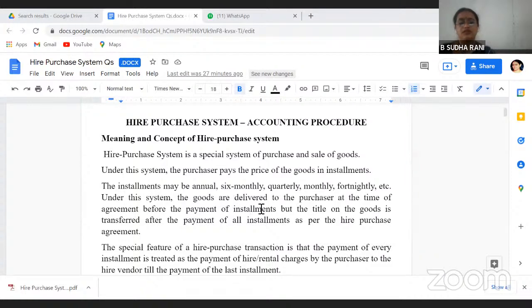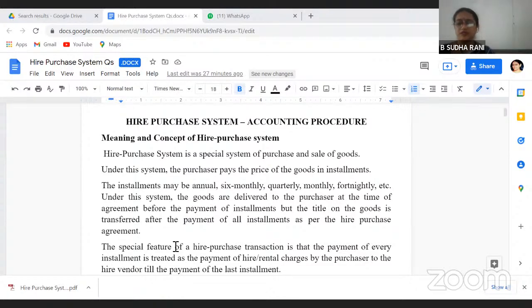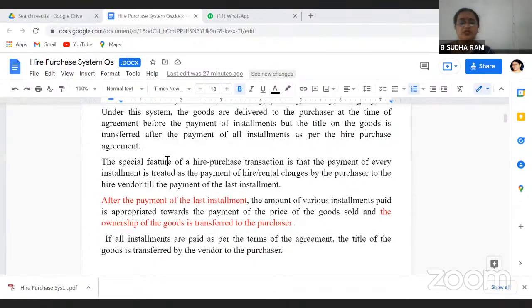Assets or goods are delivered to the purchaser at the time of agreement before the payment of installments, but the title on the goods is transferred only after payment of all installments as per the hire purchase agreement. The special feature of this hire purchase transaction is that the payment of every installment is treated as a payment of hire charges or rental charges.